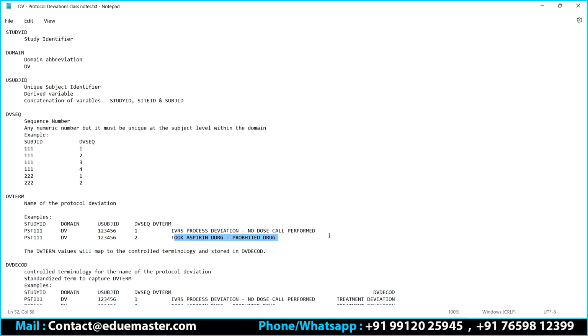If the patient neglected to take that particular pill, it will be collected, the information will be collected, but will it fall under the protocol deviation? As per the protocol, the pill has been given, but who missed it? It was missed by the subject, not by your clinician, not by your investigator. It is not the deviation that I want to report there, correct?